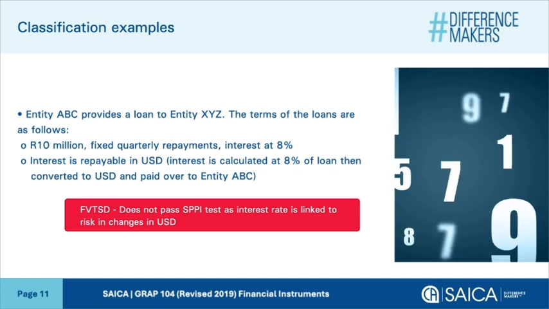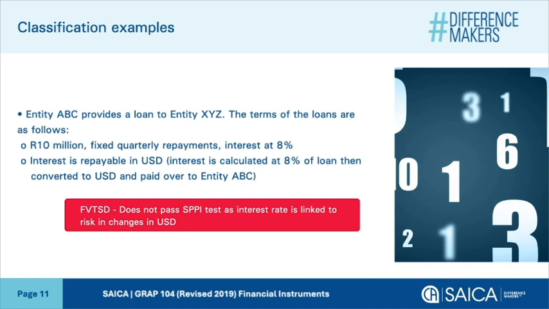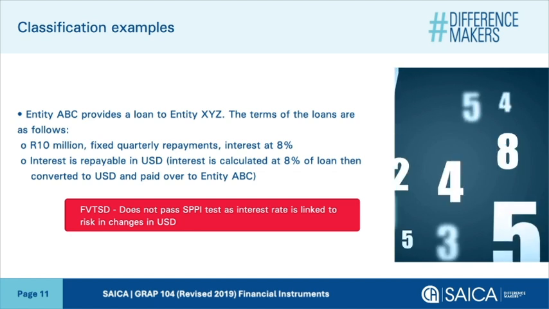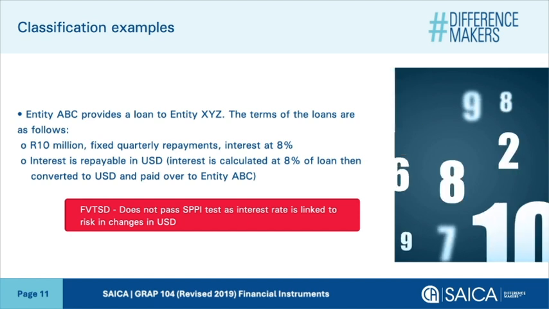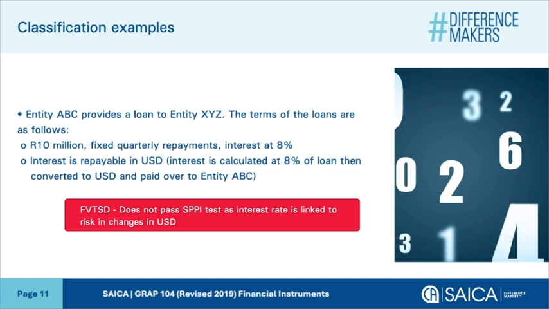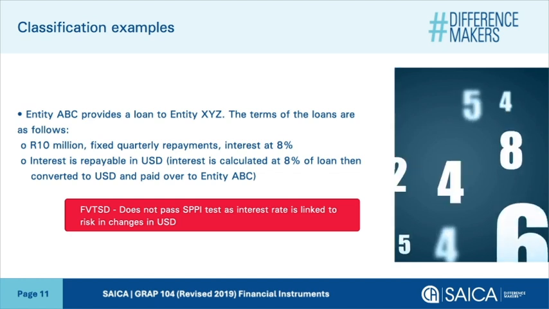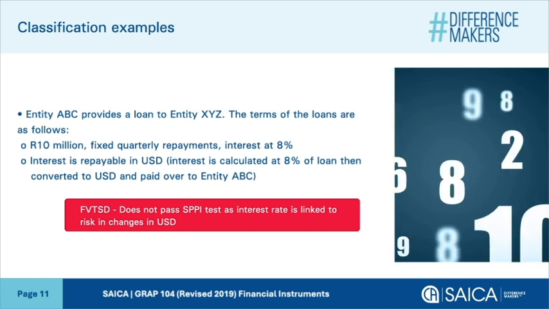The business model is to hold to collect contractual cash flows over the life of the instrument. However, the SPPI test is not passed as the interest rate is linked to risk and changes in the US dollar. The financial asset is then classified into default category, which is fair value through surplus or deficit.